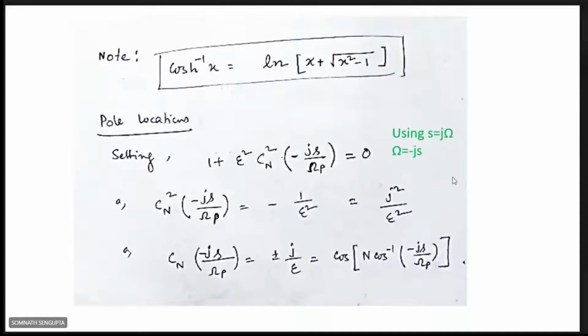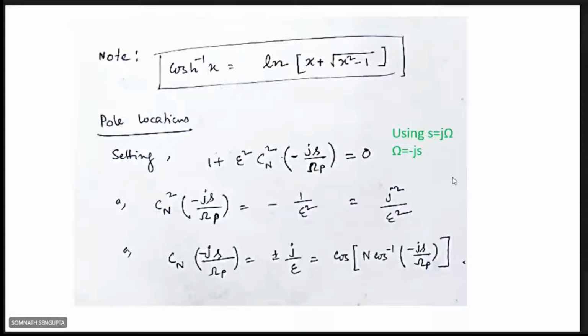That means the transfer function changes as the order increases. So pole locations are dependent on the order of the filter, as we have seen in the case of the Butterworth filter. Now we are going to see the case of the Chebyshev filter type 1, because whatever discussion is going on is on the type 1 Chebyshev filter.